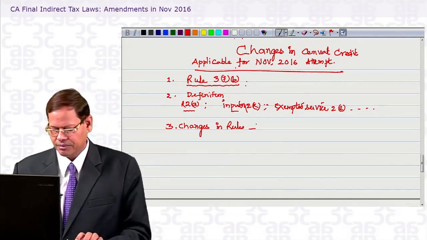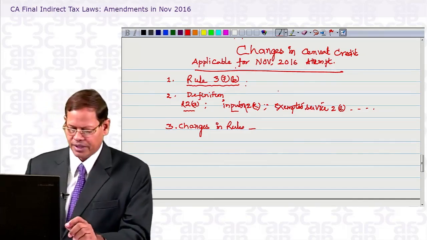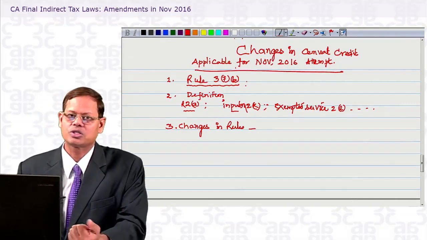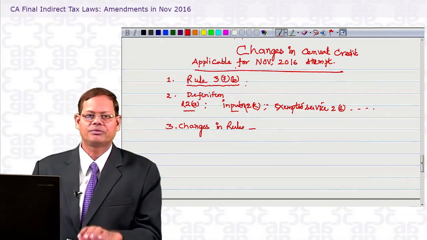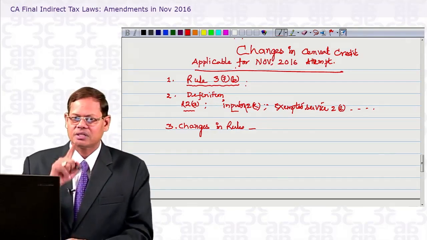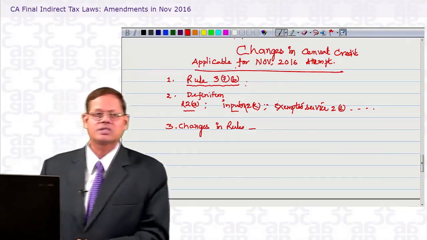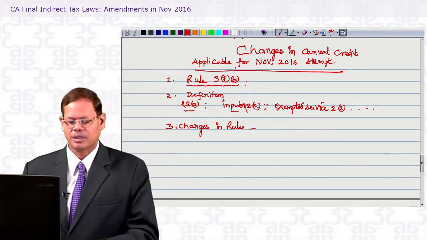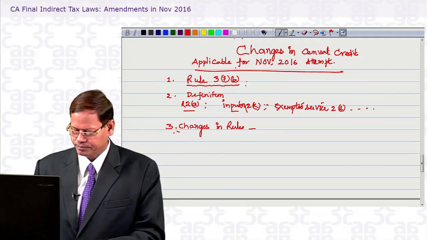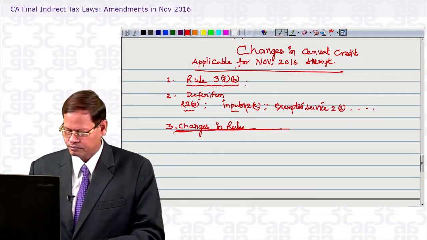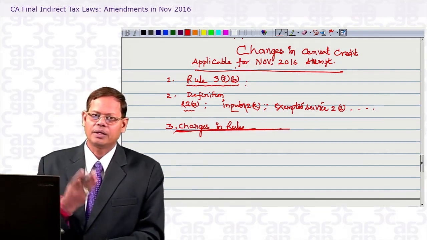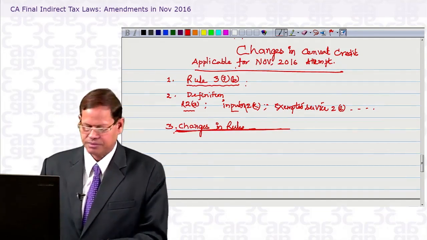Okay, so straight away what I do is I'll take you direct to matching principle, interchangeability of duties given under rule 37B. And about that, let me give you a brief introduction. What is that brief introduction? Say for example, CENVAT credit is available on various duties and taxes paid on inputs, input services and capital goods, right?